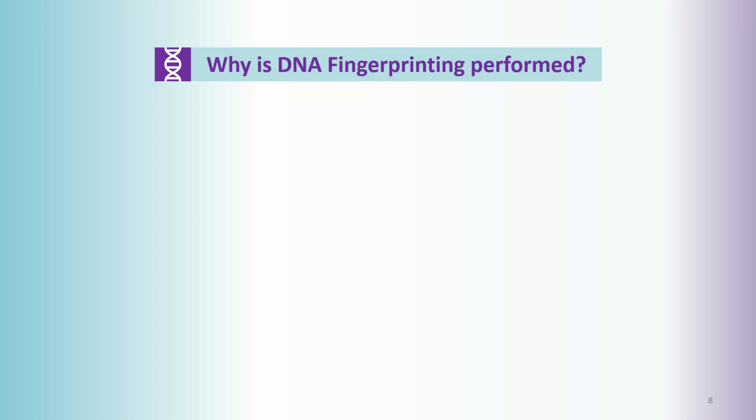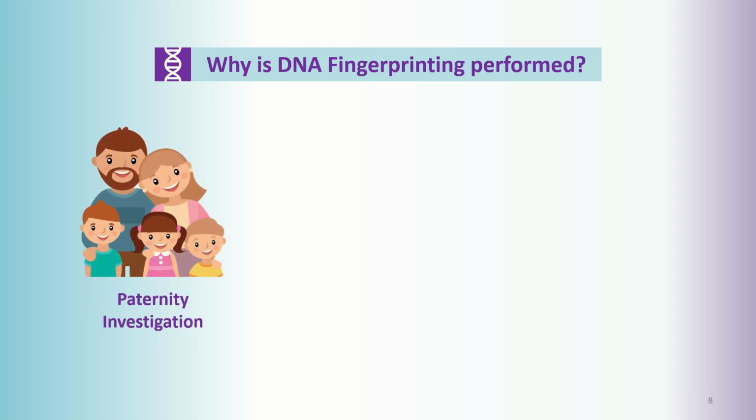Okay, before we go further on how DNA fingerprinting works and how the analysis is made, it is important to know the purpose of performing the test. DNA fingerprinting is useful for finding out who a person's parents or siblings are. This test may also be used to identify the parents of babies who were switched at birth.